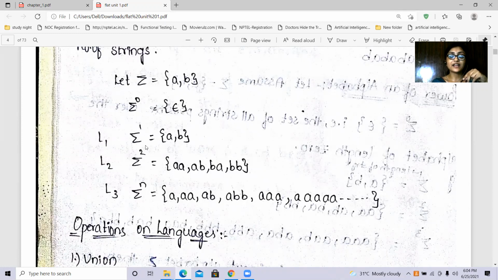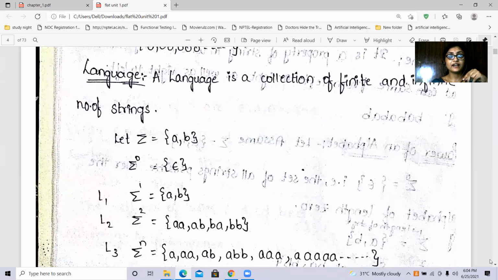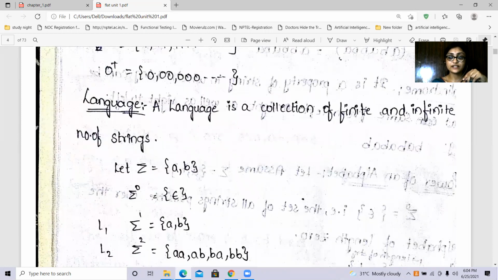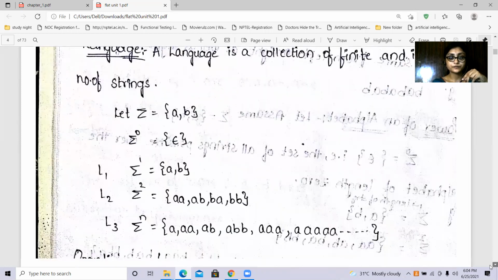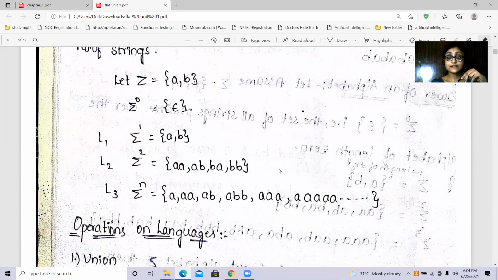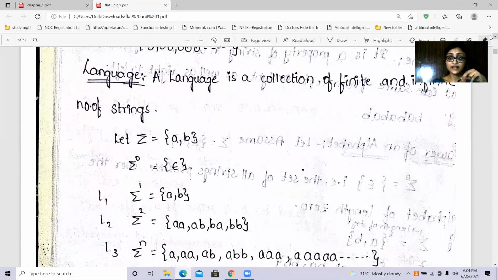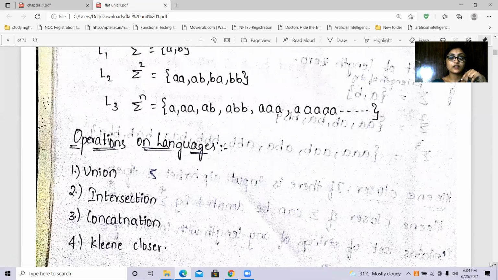So all these can be considered as the language. A language is nothing but the collection of all the finite and infinite numbers of strings. A language is a collection of finite and infinite number of strings.